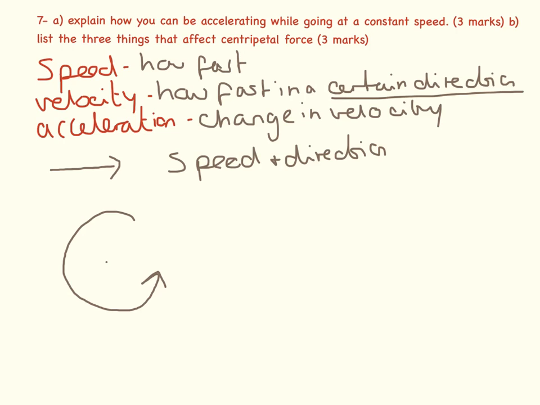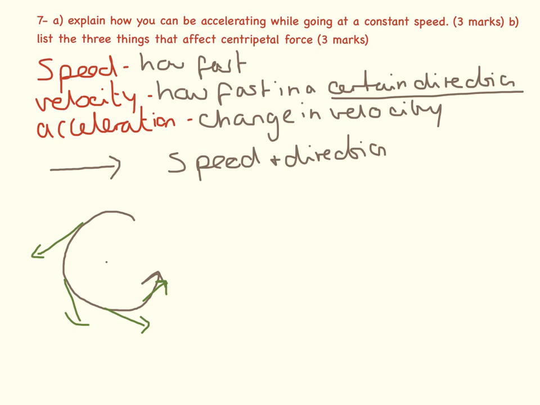So again, the only two things that can be changing are speed and direction. Here it is not going in a straight line, because a straight line would be going this way. It is constantly changing direction. So even though the speed is the same, it's constantly changing direction because it is going around in a circle.